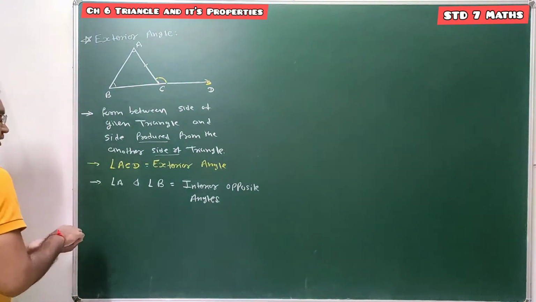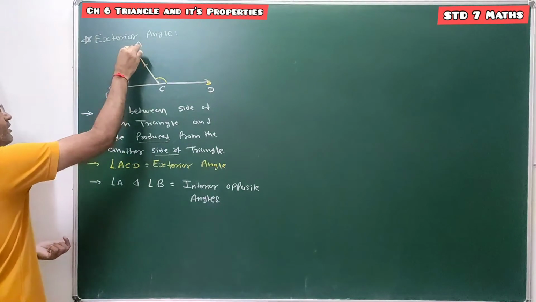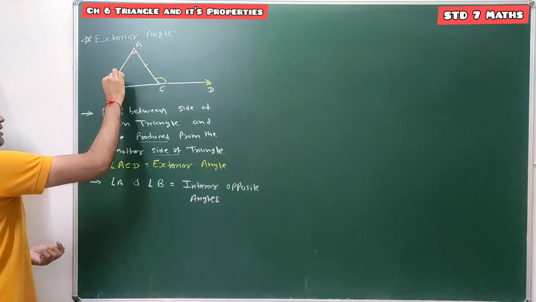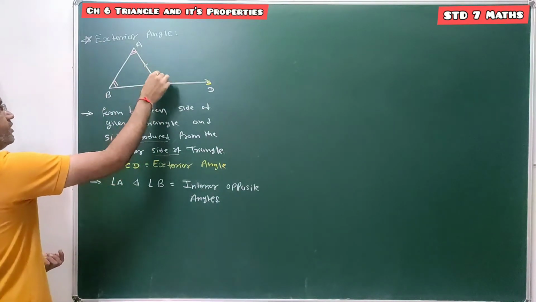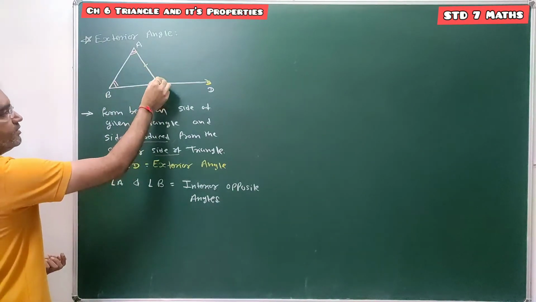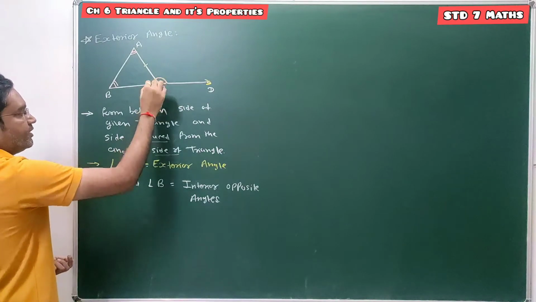Angle A and angle B are known as the interior opposite angles for the exterior angle ACD. And this exterior angle ACD is formed with the angle C of the triangle.